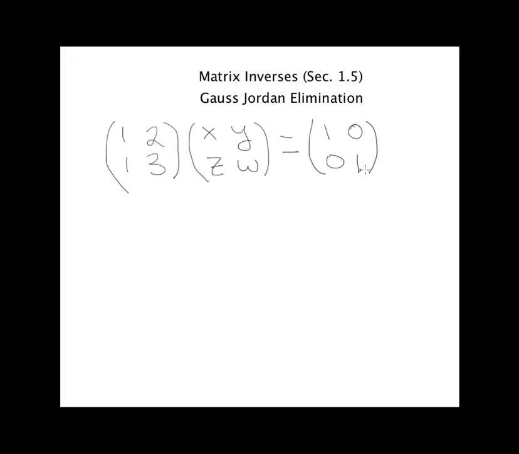Now, how do you solve that? Well, this is basically something we've done. I'm going to simplify it a little bit, condense it as follows. Concentrate on this column and this column over here. If you pull those out, what you're trying to solve is 1, 2, 1, 3 times x, z is equal to 1, 0.